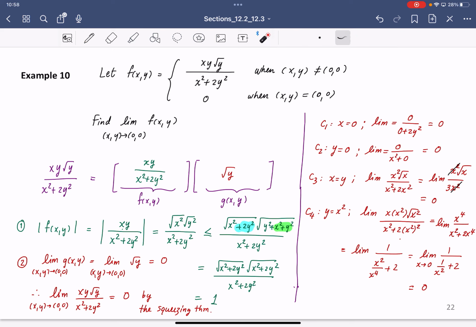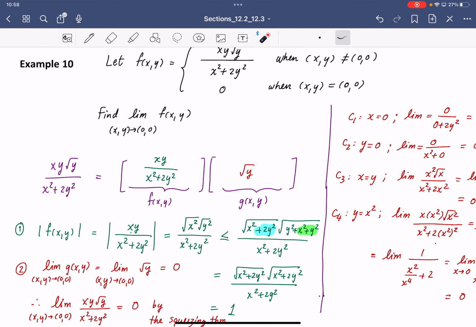You can see that at the point (0,0), we don't use the function at all, so it doesn't matter. We only care about the behavior near (x,y) equal to (0,0).